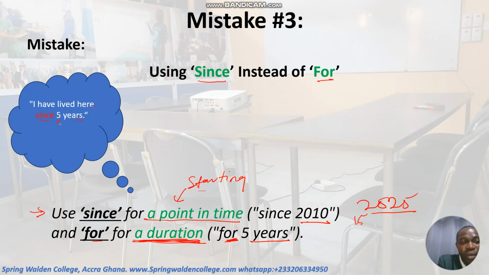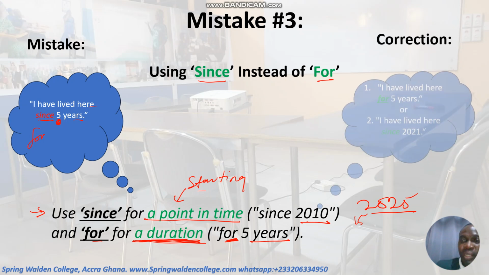So by now you know that with the duration, the fixed number of years, number of days, number of hours, we don't use since, we use for. Okay, I've been waiting for 5 hours. Okay, so use for plus the duration.